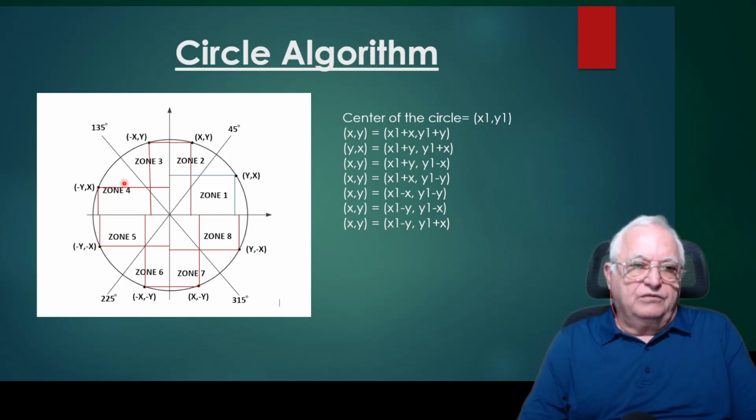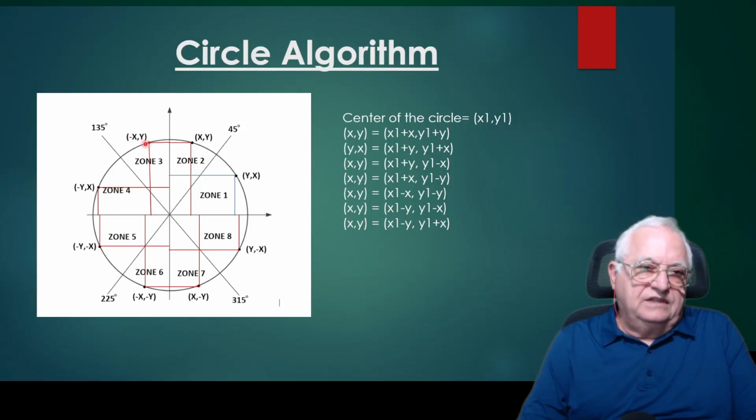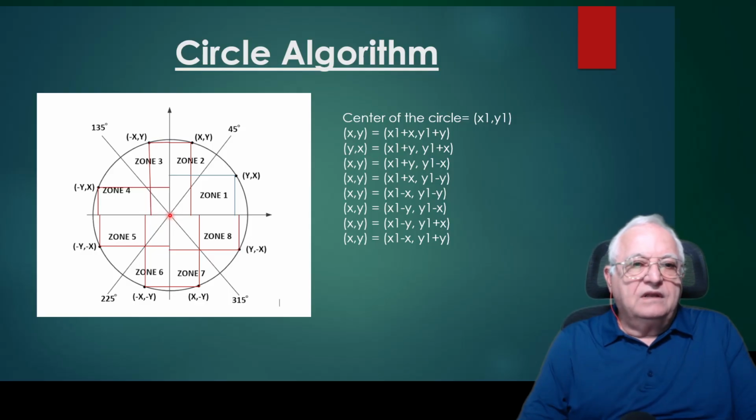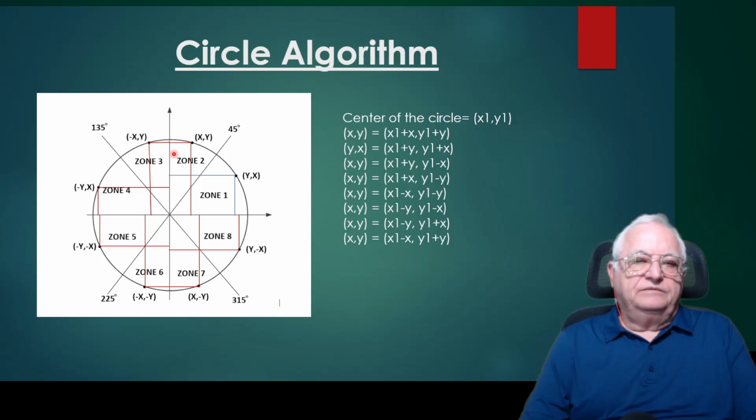So this value, the x value here is going to be x1, let me put it here. It's going to be x1 minus x, and the y value is going to be y1 plus y.